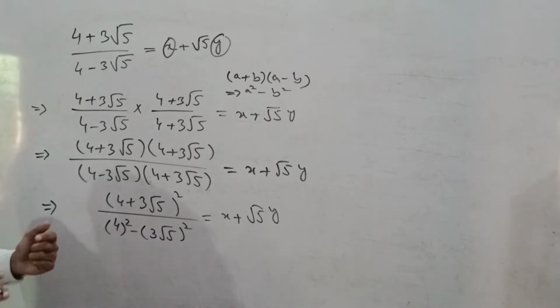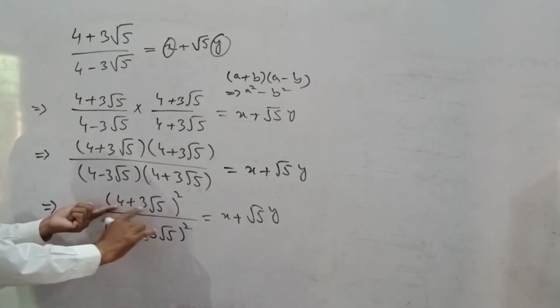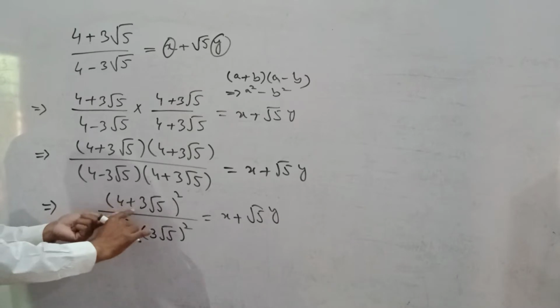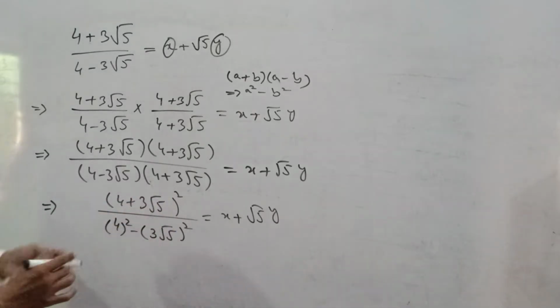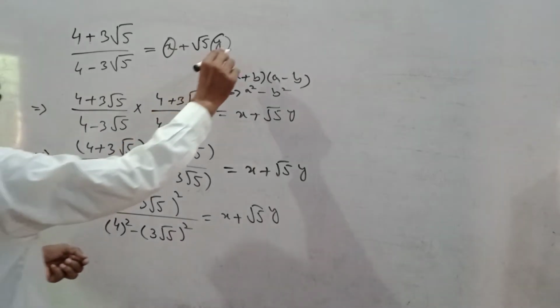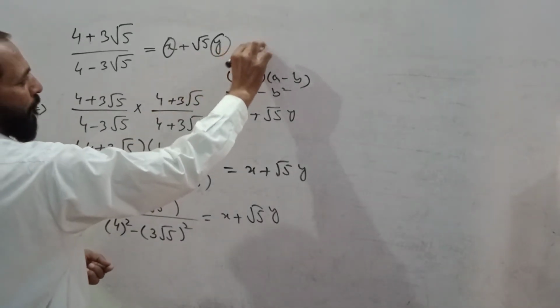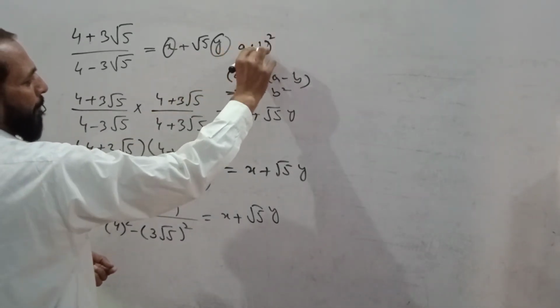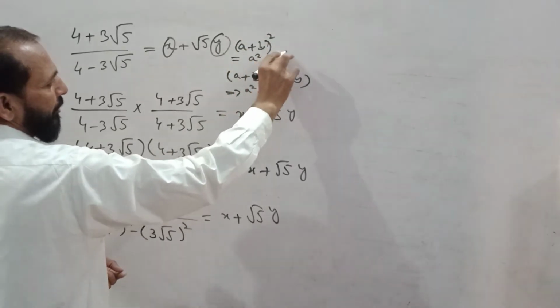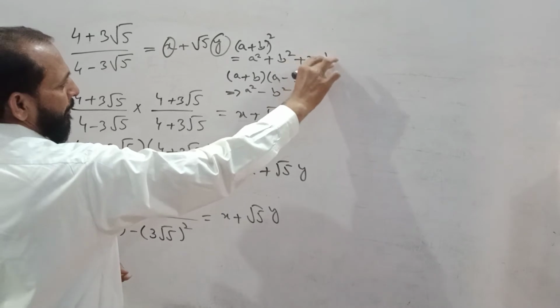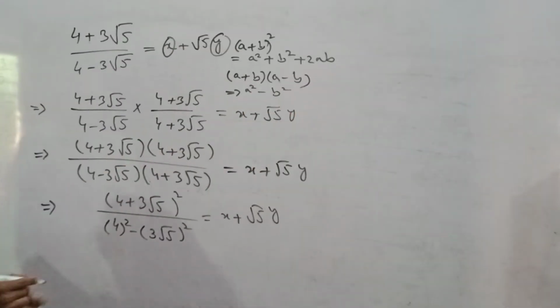Now we have to expand a plus b whole square. We can use the formula for the whole square: a plus b whole square is equal to a square plus b square plus 2ab. Okay, we can use this formula.